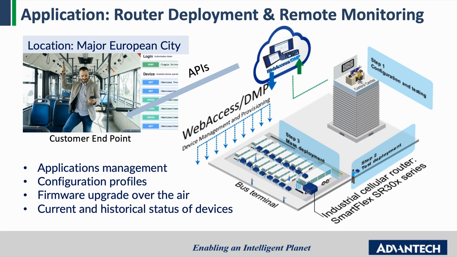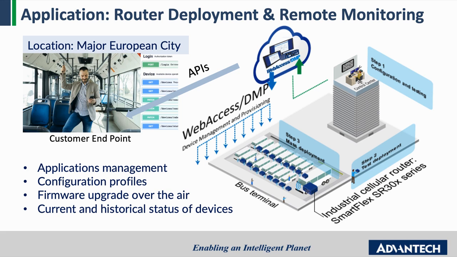The cellular routers themselves are fitted into buses. So we can see in the bottom right hand side here, we have buses in which the cellular routers are fitted. For each bus, there will be a ticketing machine and a validation machine hooked up to the Ethernet ports. Then it has a cellular backend which communicates to the cellular infrastructure.